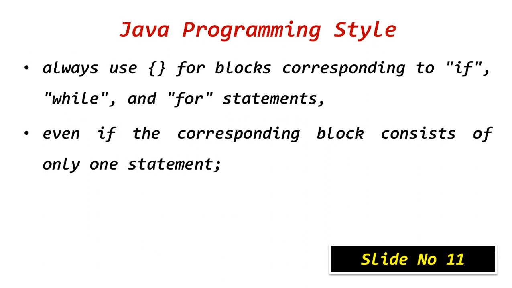If, then curly bracket start, inside that the code for the if block, then curly bracket close, then else, then curly bracket open, then curly bracket close, like that, so that the user can also understand whatever you are doing inside the program. Even if the corresponding block consists of only one statement, even then you can use curly braces.